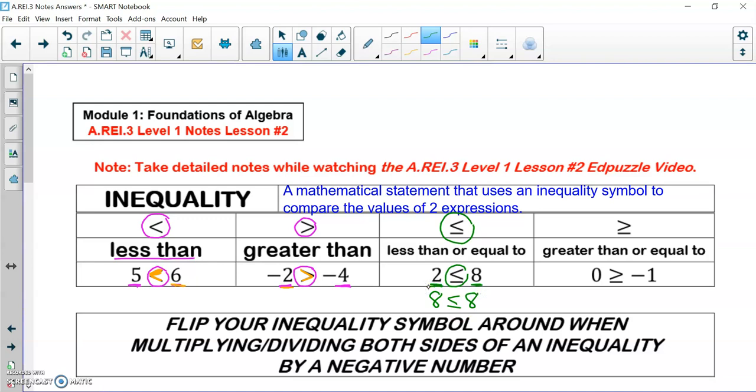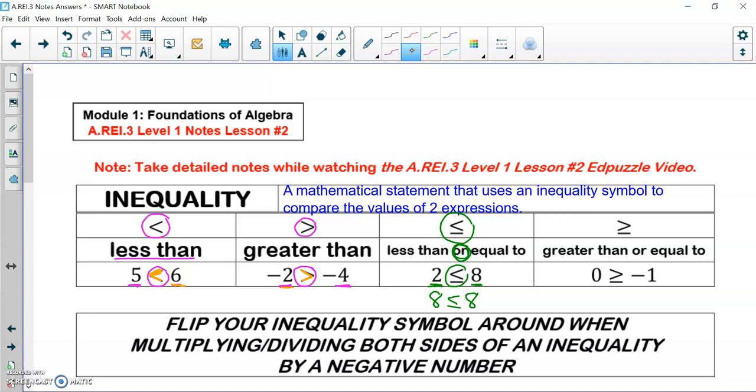The number just needs to satisfy one of the parts of the less than or equal to symbol, so it needs to satisfy the less than or the equal to part. That's why the word or is in between. So it doesn't have to satisfy both, it just needs to satisfy either the less than or the equal to part.